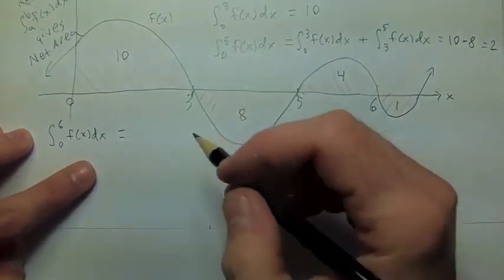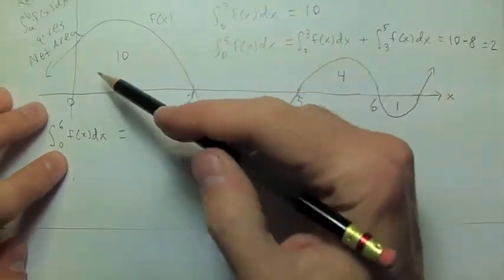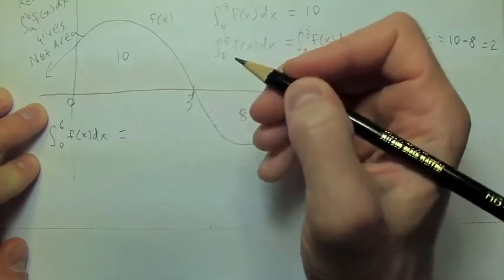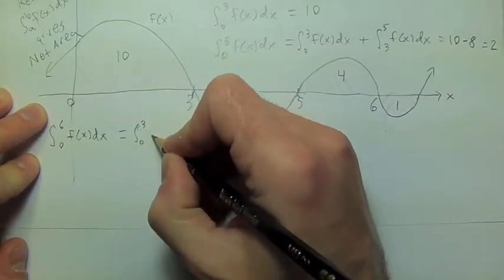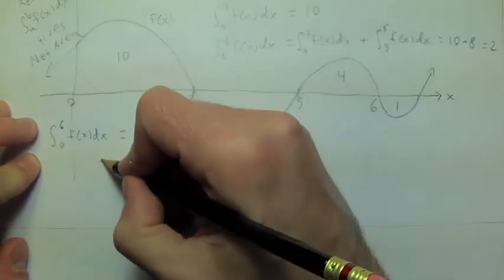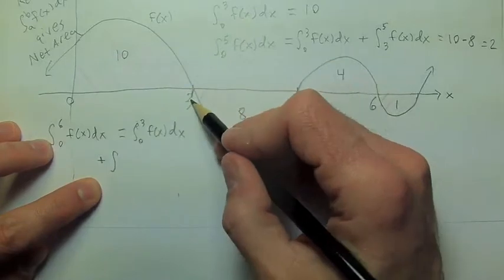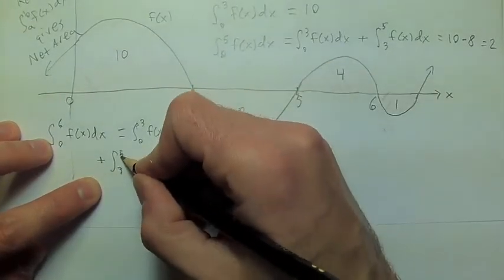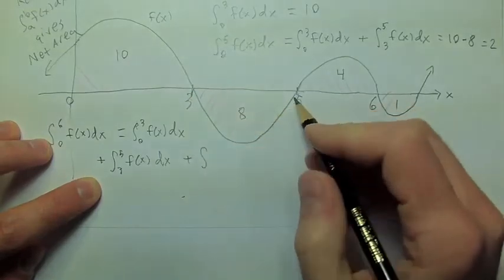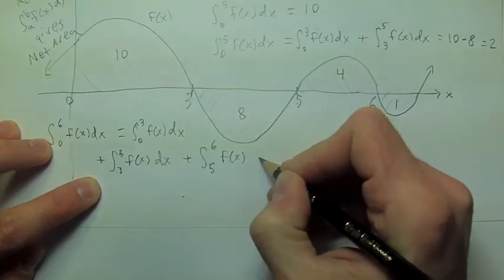That's going to be the integral from 0 to 3 of f of x dx, plus the integral from 3 to 5 of f of x dx, plus the integral from 5 to 6 of f of x dx.